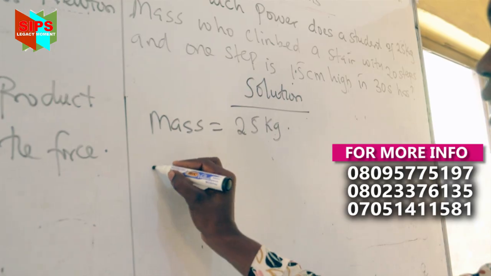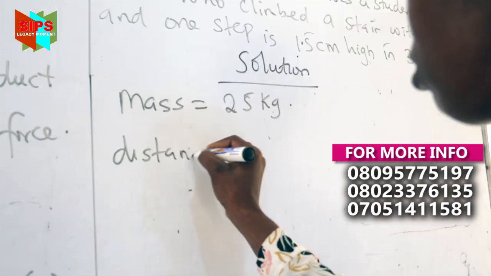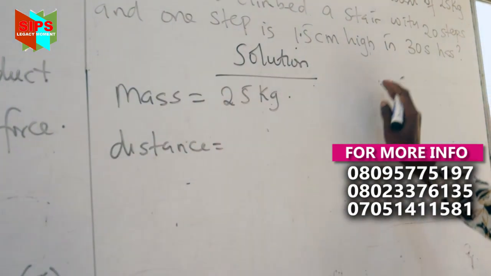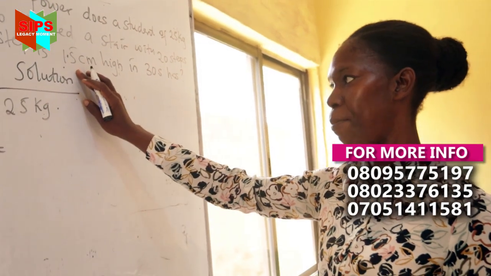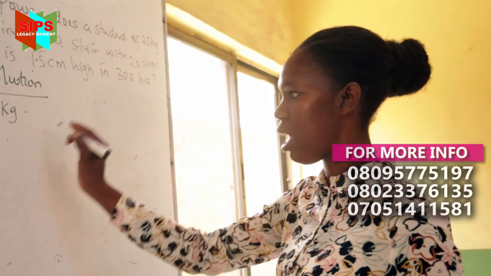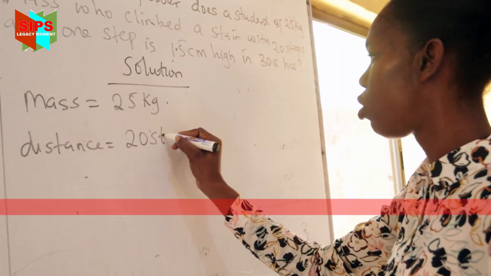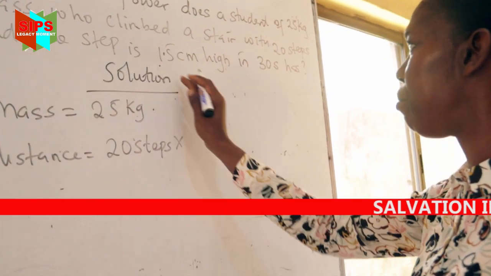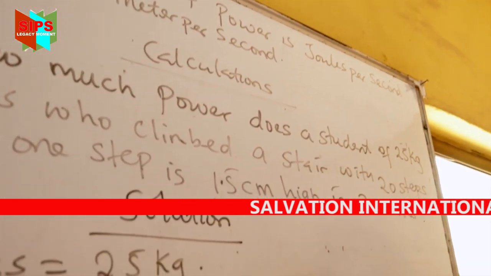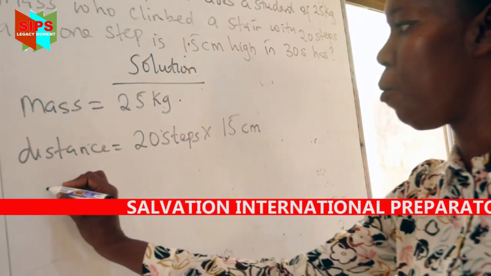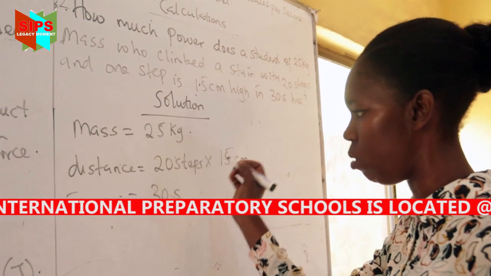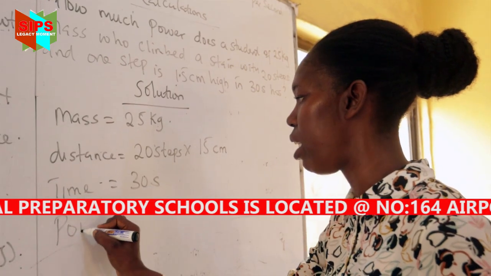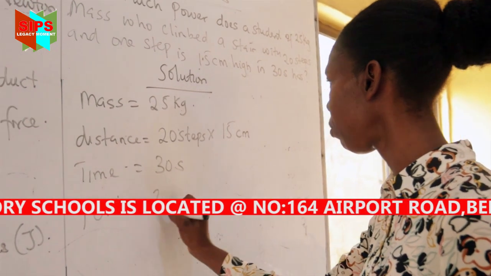And the distance he climbed is simply the number of steps times the height of each step. The number of steps here are 20 steps times the height, which is 15 centimeters. And we are given the time as 30 seconds. Then we are asked to calculate for his power.